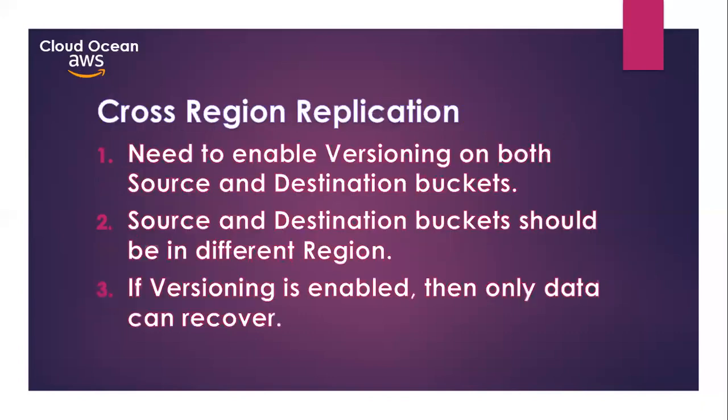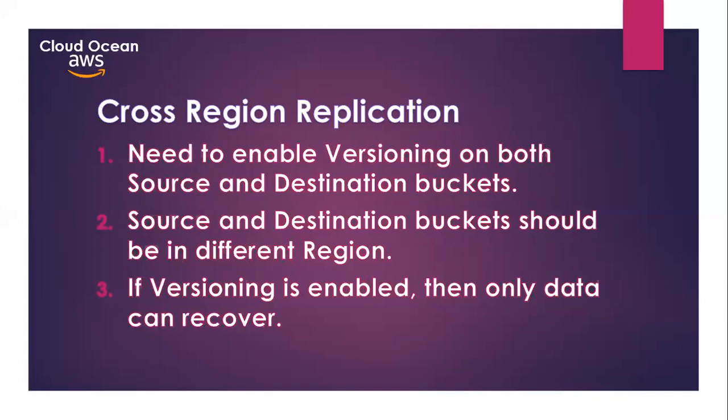In cross region replication, if you want to perform it, you need to enable versioning on both the source and destination bucket. That means you can keep a backup for your data. For example, right now your bucket is in the Mumbai region, and you want to keep a backup of your data in the Singapore region.